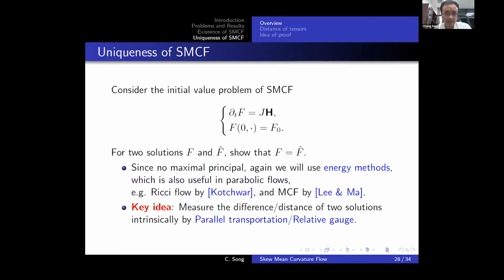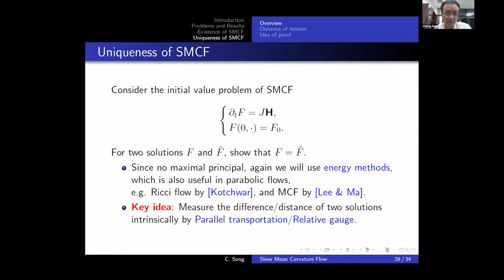But the key problem is that usually you will directly compute the difference of these two solutions. So maybe you want to try to compute F minus F tilde, but that will never work because this difference is too rough.